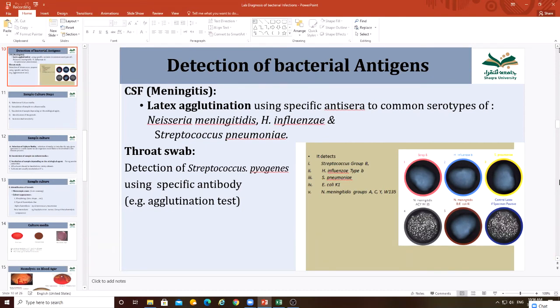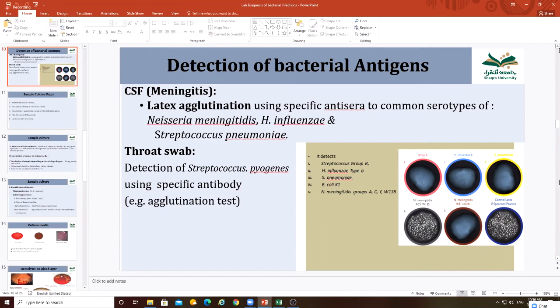All these are different methods to detect one thing, that is antigen or antibody. All tests, their purpose is only and only to detect antigen in the sample or antibody in the blood.